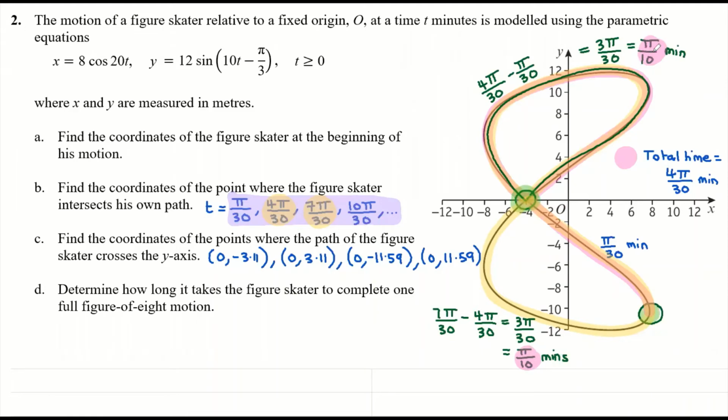Now, if that's the case, to complete the full figure of 8 motion, we just have to combine these two times. So we've deduced it just diagrammatically by thinking through how much time it takes for him to pass through that x-intercept.